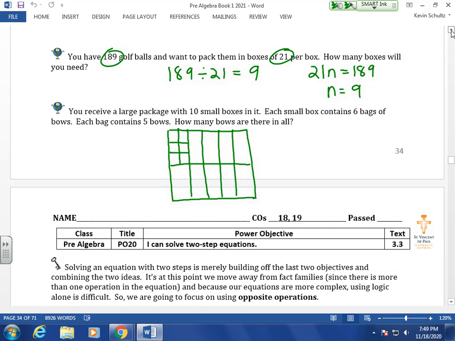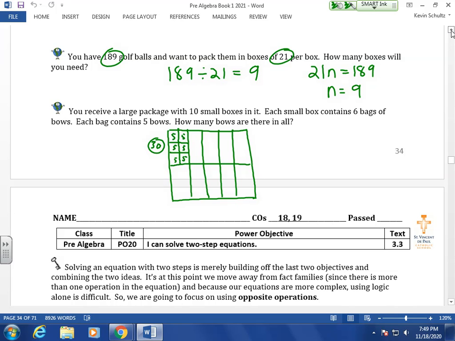Okay, so each of those 6 rectangles represents a bag of bows within that box. And then each bag, so each of those 6 sections contains 5 bows. Right? So I can look at this and I can pretty easily see that there's a total of 30 bows in one of those 10 smaller boxes that's in this large package.